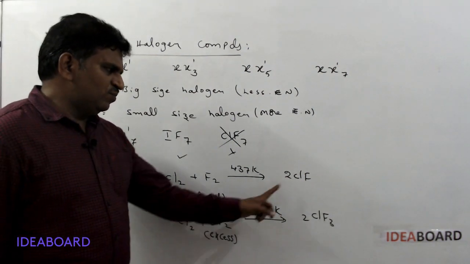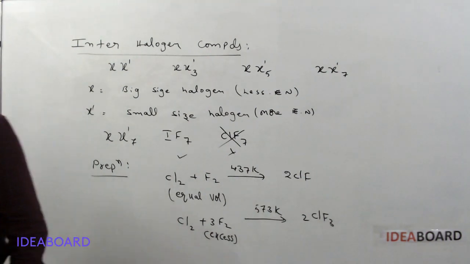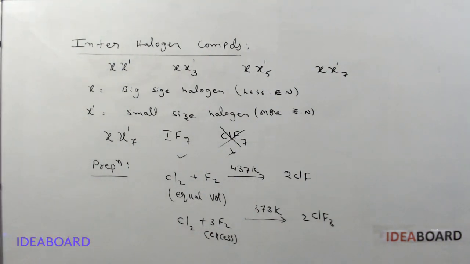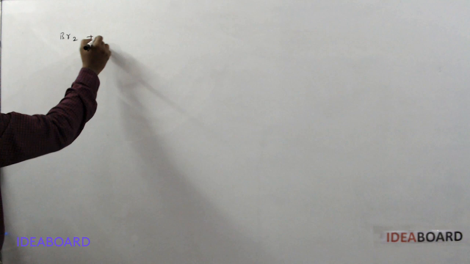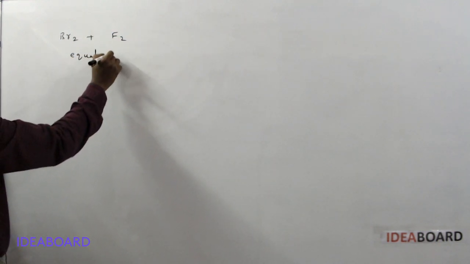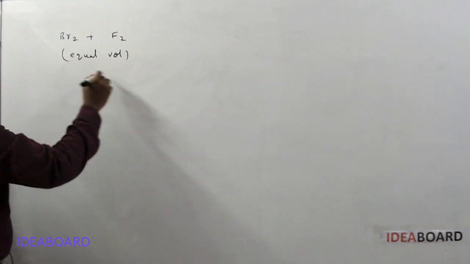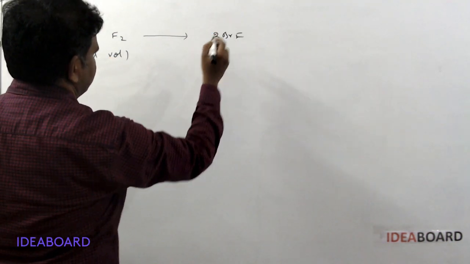This is the chlorine monofluoride and chlorine trifluoride preparation method. The next one, bromine: Br2 reacts with F2 in equal volumes to form 2BrF.